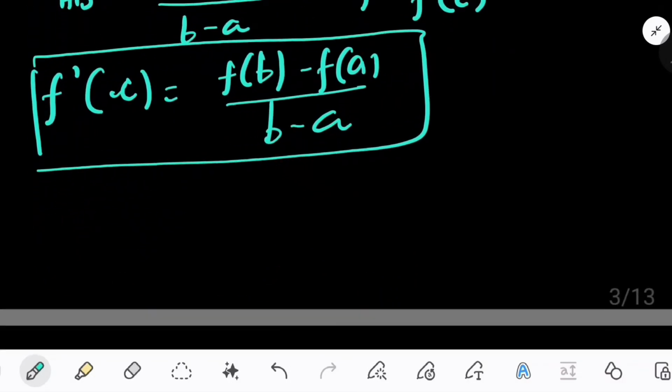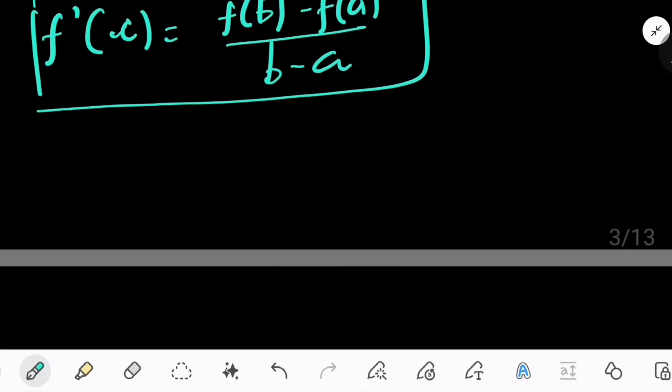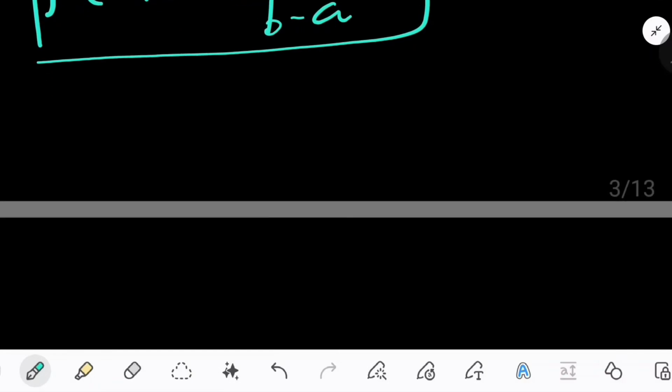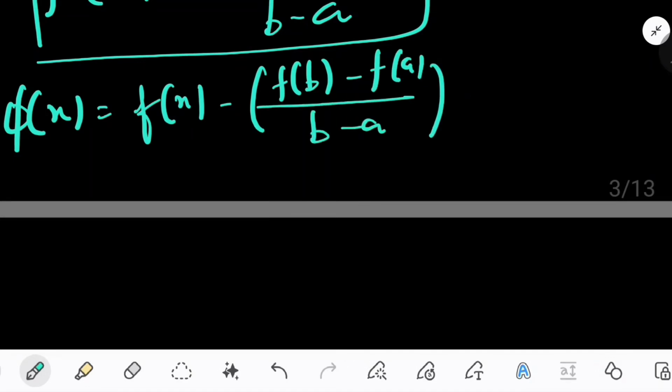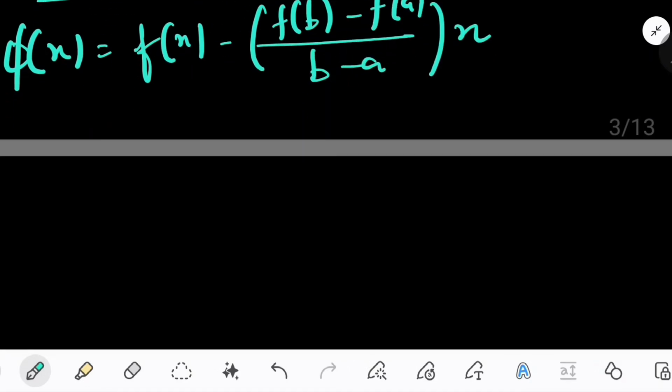Okay. There is one more method you can use to prove this theorem, but I don't believe in that much because it is very much like rote learning. But let's see. You assume a function phi of x is equal to f at x minus f at b minus f at a by b minus a into x. In this case, you observe that phi at a will be equal to phi at b.